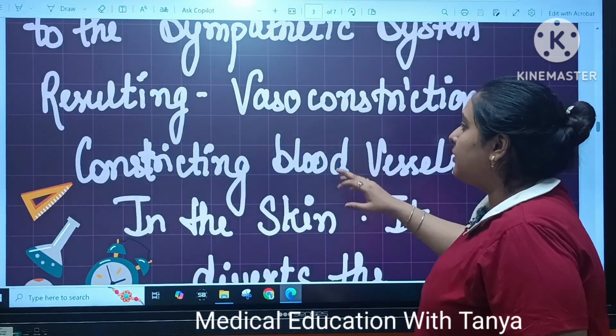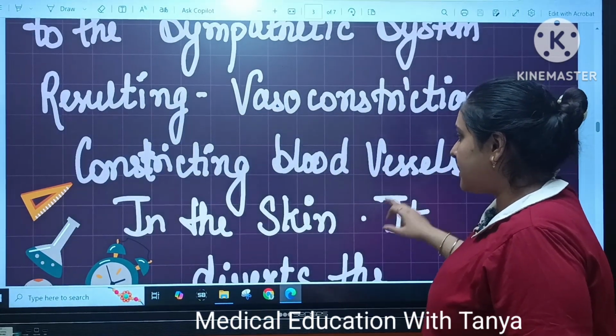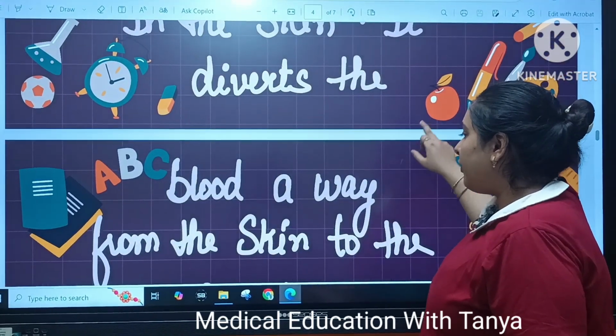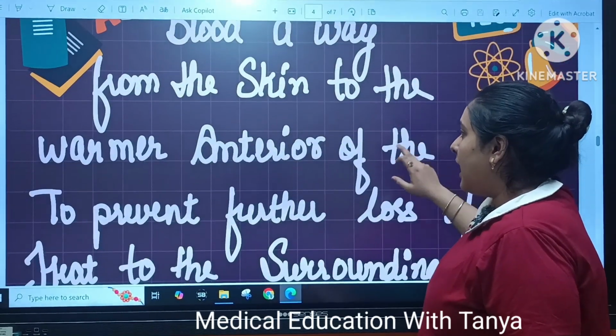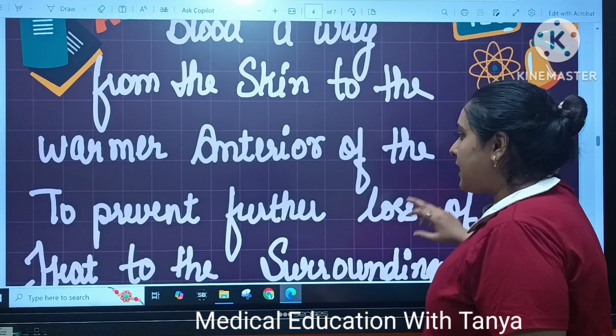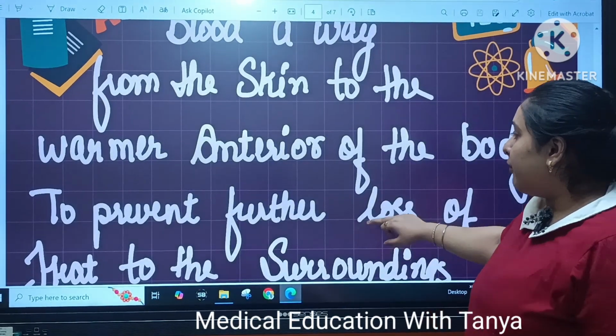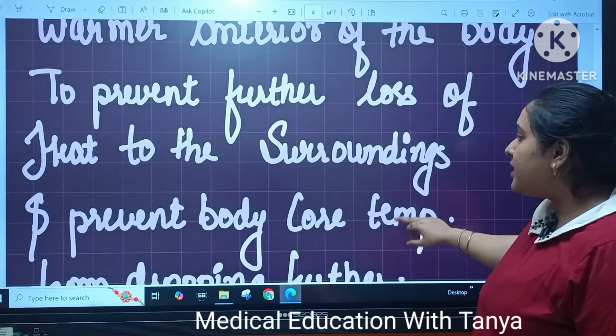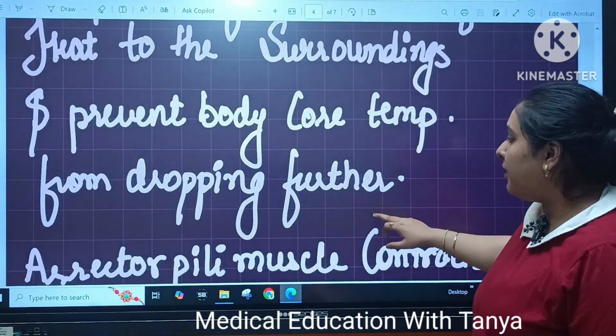Due to the constriction of the blood vessels in the skin, it diverts the blood away from the skin to the warmer core, and the body prevents further loss of heat to the surroundings and prevents the body core temperature from dropping further.